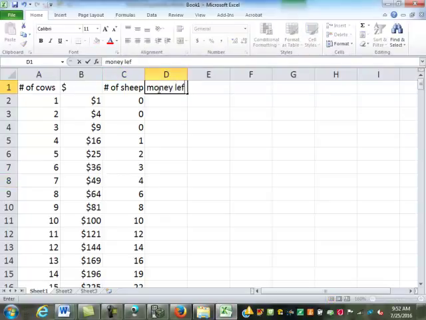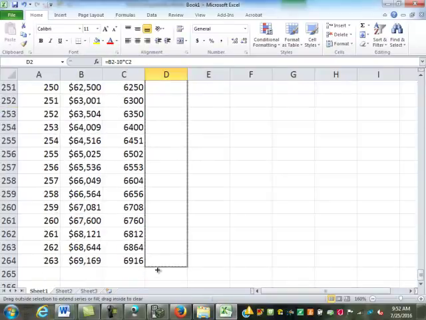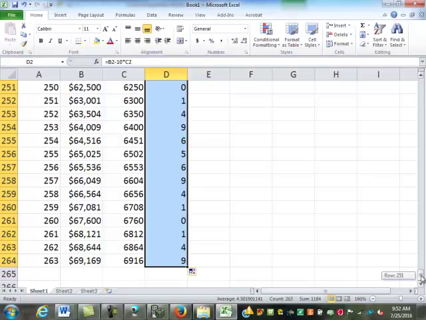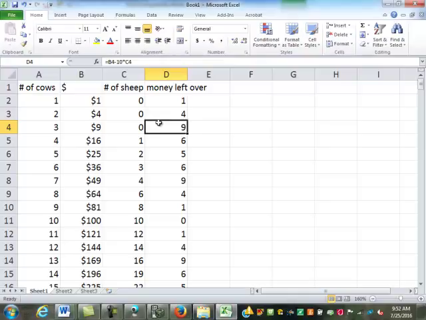The key is how much money was left over. So that's how much money was left over after each purchase. Notice none of those numbers is bigger than 9, because if they had $10 left over, they would have bought another sheep. But what matters is the ones that gave us an odd number of sheep.